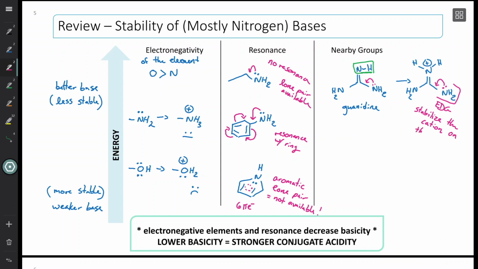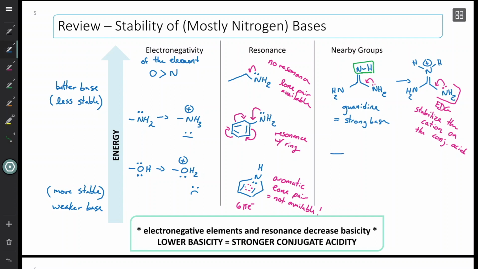Specifically on the conjugate acid. Right, so if you're stabilizing the conjugate acid, you're making that original base stronger. And guanidine is actually a pretty strong base because it has two of these electron donating groups. So this nitrogen is pretty basic.